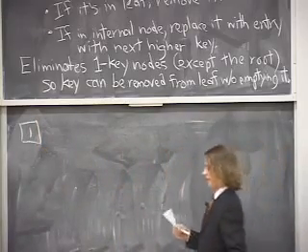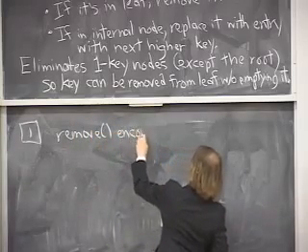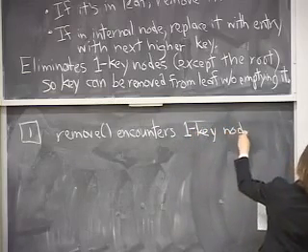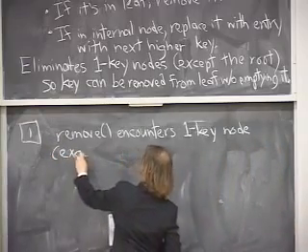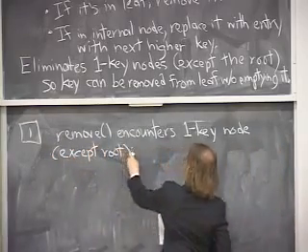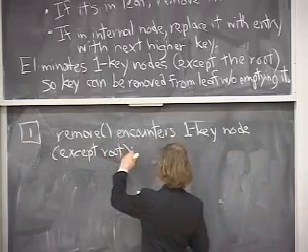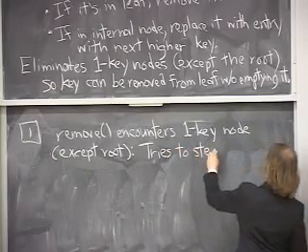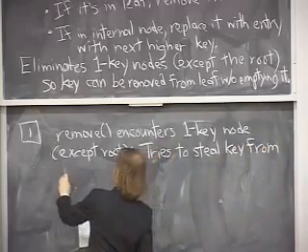So when remove encounters a 1 key node, other than the root, on the way down, its first recourse is that it tries to steal a key from one of its siblings. It needs to be an adjacent sibling.